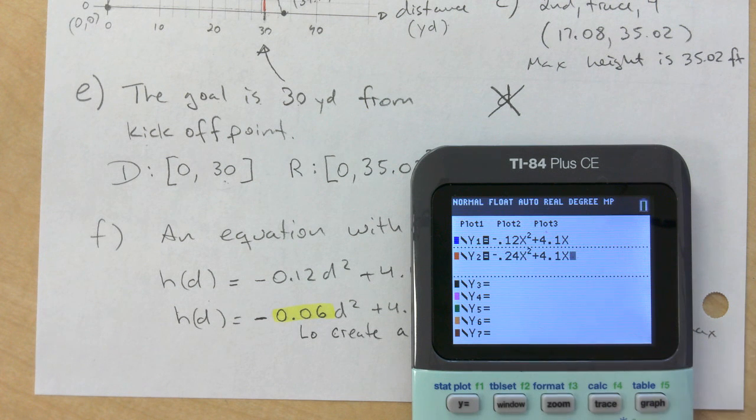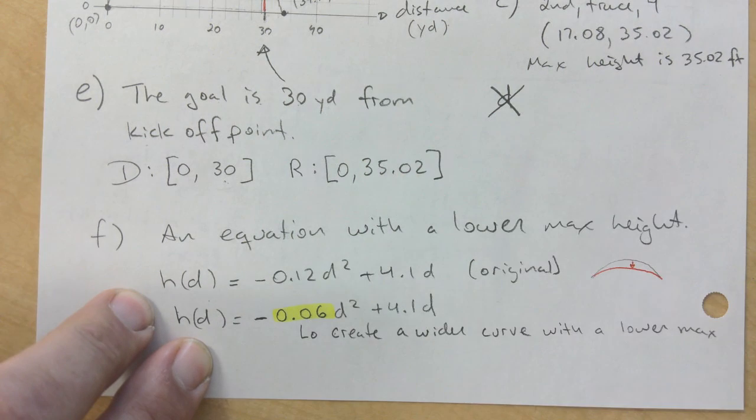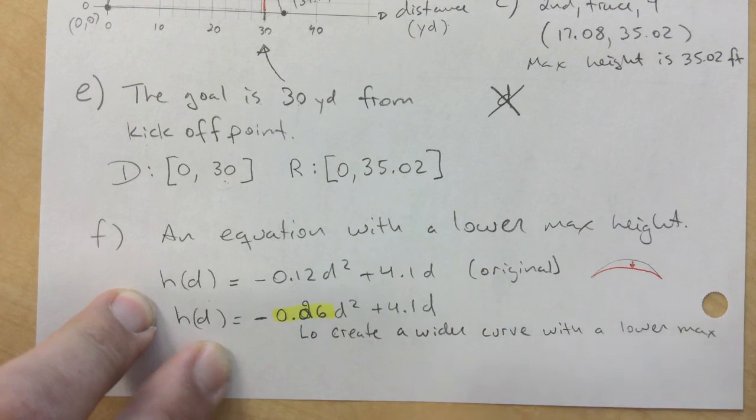If you do that and you hit graph, it will actually create a graph with a lower maximum. Because the red one is the one we're after. This is what we want. So let's change that in our notes, okay? I'm going to go 0.24.